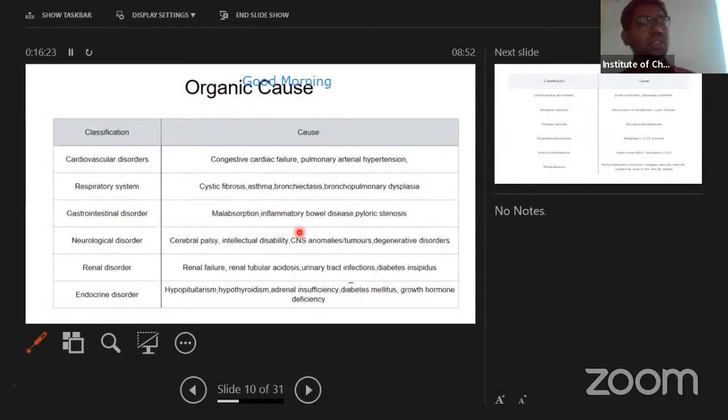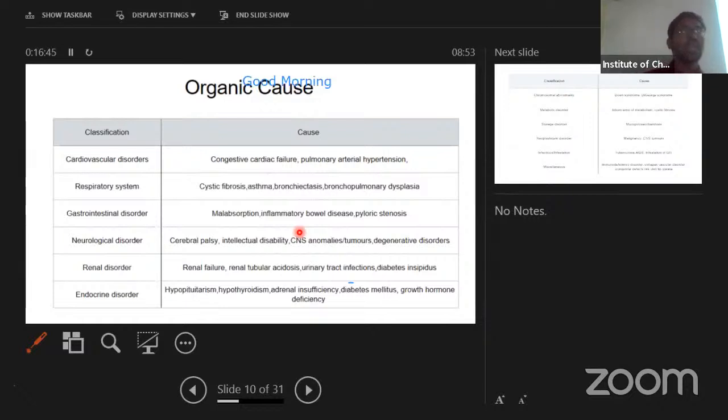In organic causes, in cardiovascular disorder, there is congestive cardiac failure, pulmonary arterial hypertension, cyanotic and acyanotic heart disease. In respiratory disease, cystic fibrosis, asthma, bronchiectasis.